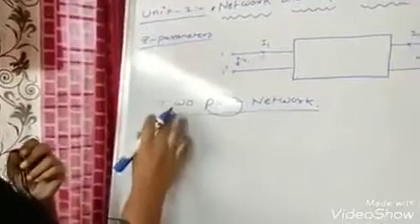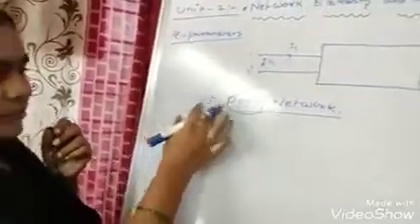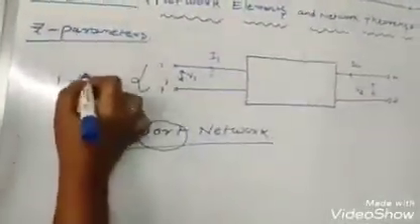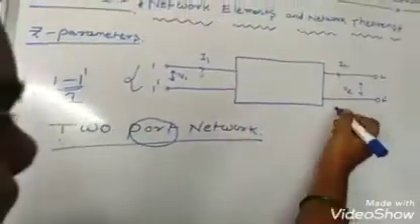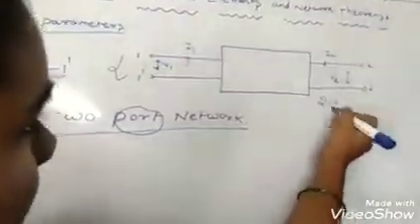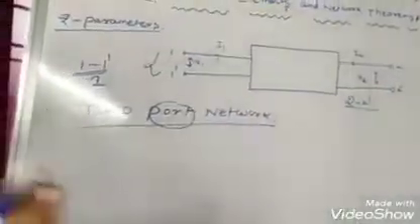Here, why do we specify a two-port network? This is one port, 1 dash, and 2 dash is another port, so it is called a two-port.